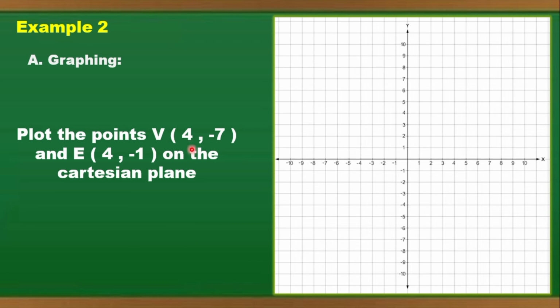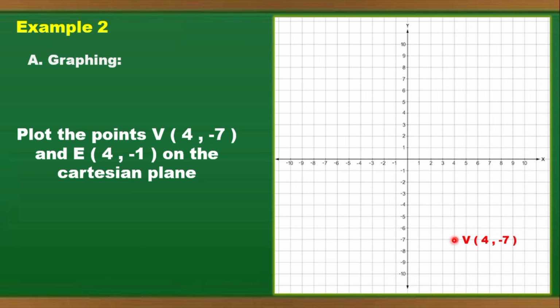In the given, we have positive 4 and negative 7. Let's find positive 4 on the x-axis. 1, 2, 3, 4. And let's find negative 7 on the y-axis. 1, 2, 3, 4, 5, 6, 7. Our point V is here.